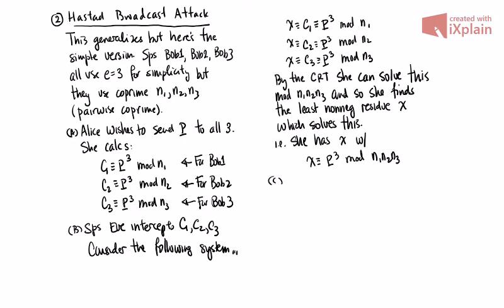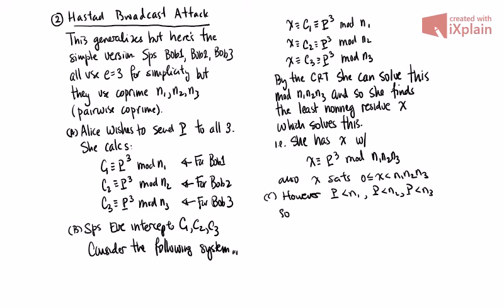But here's the fun bit. Also, this x satisfies, because it's the least non-negative residue, that it's between 0 and N1, N2, N3. However, P itself is less than N1, P is less than N2, P is less than N3.